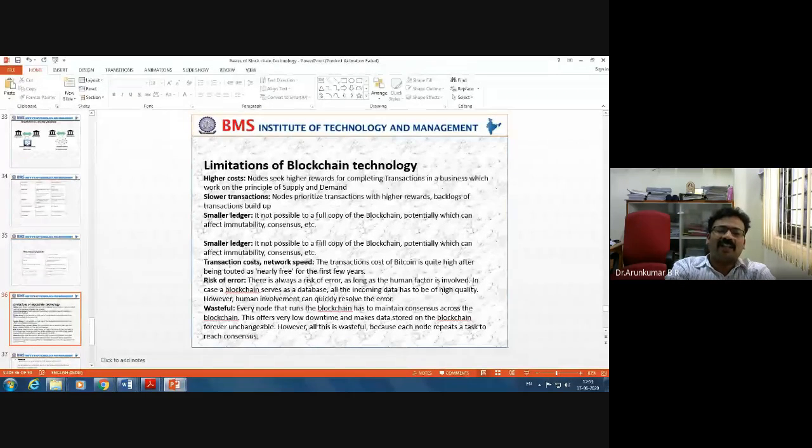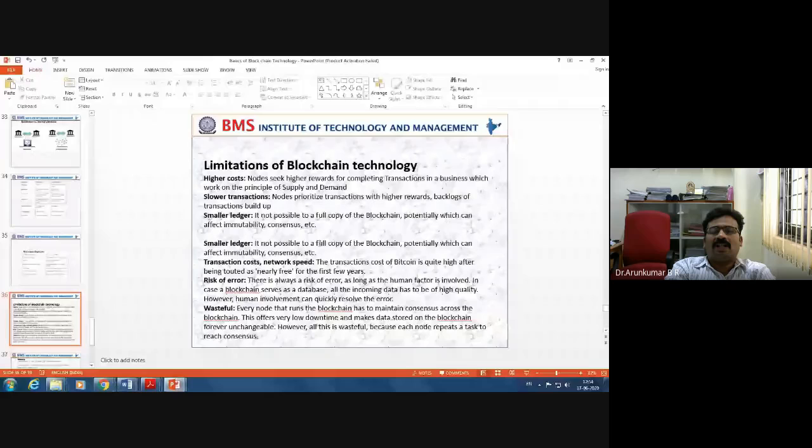Blockchain serves as the database, so all the incoming data has to be of high quality. However, human involvement can quickly resolve an error. It's possible. But human involvement also leads to certain errors. At the same time, human intervention is required to check the quality of data.